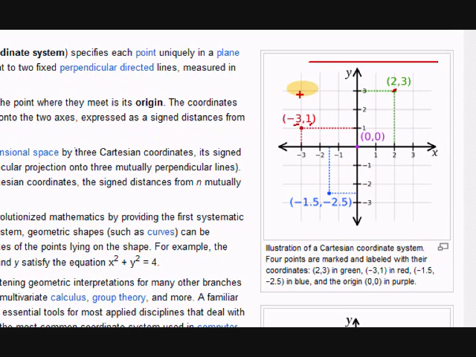In a three-dimensional system, like in a room, if you take a corner of the room, you can see there are going to be three things. This is only two dimensions, so you have x and y. Here you would have the z axis. So you can have a ball hanging in the center of the room, something like that. That has three coordinates: x, y, and z.